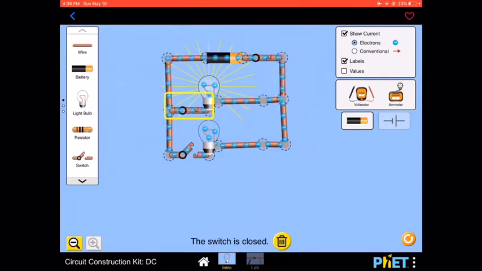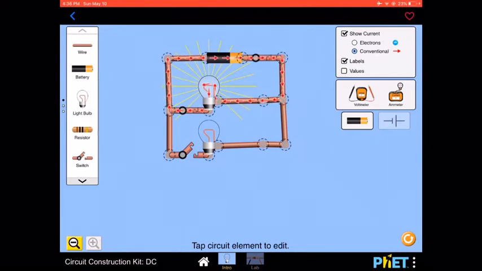Here I'm showing you electron flow, but we're going to use the conventional direction, so let me change that. Right, so there it goes from the positive, and as you can see what's happening to the charges in your filament. It goes through your filament and then it goes to the other side of the battery.